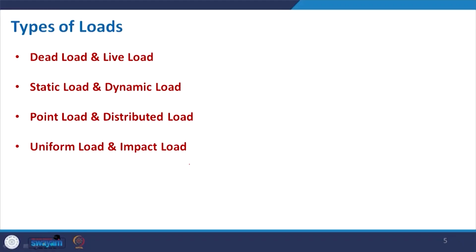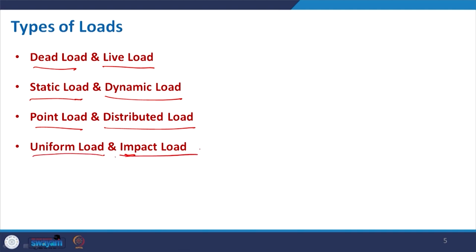Now, types of load: there are different ways of classifying loads, and these are very common classifications. One is dead load and live load, which I already mentioned, and we will get it clearer with examples. Then it may be static load, dynamic load, point load, distributed load, uniform load, and also impact load.